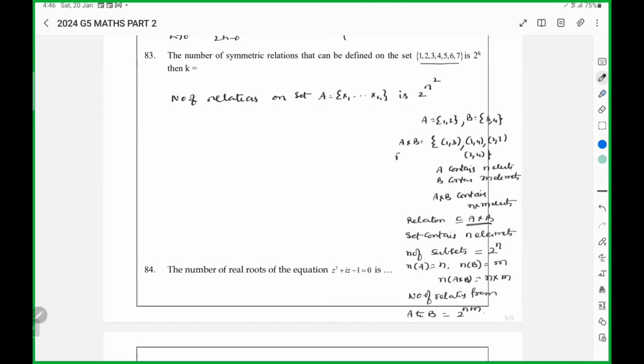So for example, (1, 3) itself is a relation. (1, 3), (1, 4) is another relation.